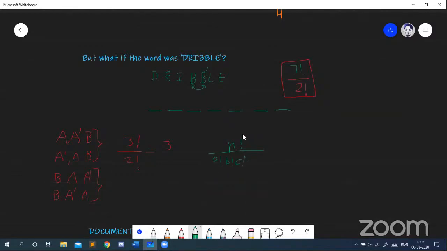So I have n objects, and A are identical of one kind, B are identical of yet another kind, and C are again identical of another kind, and so on. And this has to be in such a way that A plus B plus C and so on is equal to n, right? I hope that's clear.